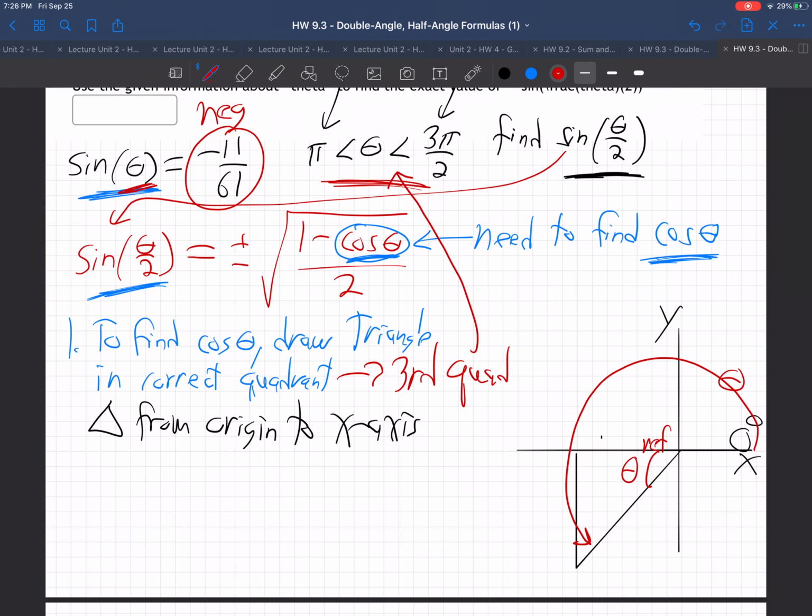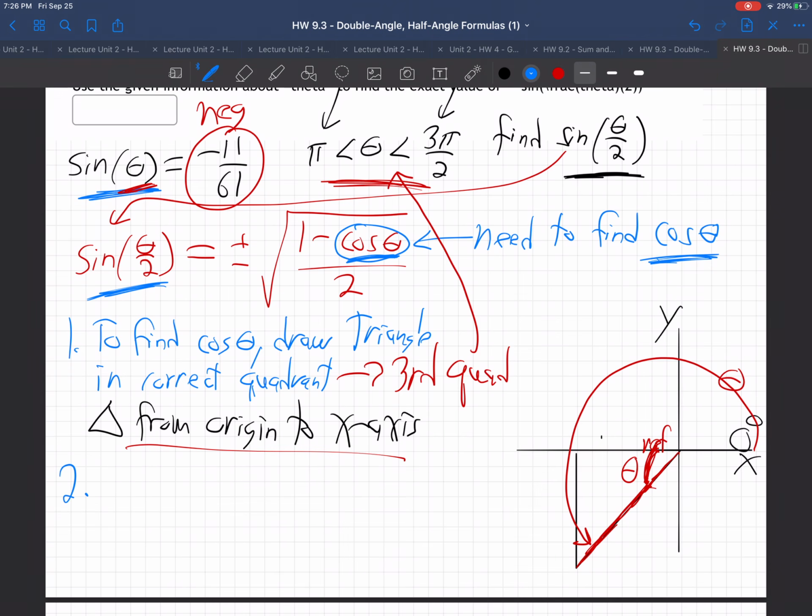Really theta, like all angles, has to start from 0 degrees and go all the way to this line. But we'll just stick our theta reference angle right in here and have it go to the nearest x-axis, and when you do, all the trig functions will come out the same. The sine, cosine, tangent, all the values will be the same. If we made that theta go to the y-axis, the trig functions would not come out the same. So that's why we've got to go to the x-axis.